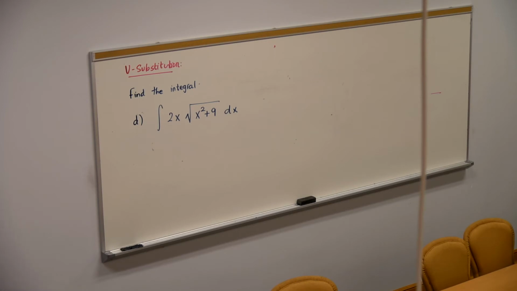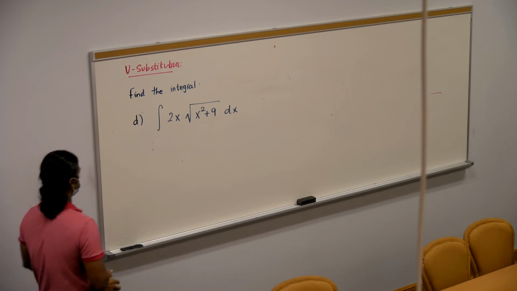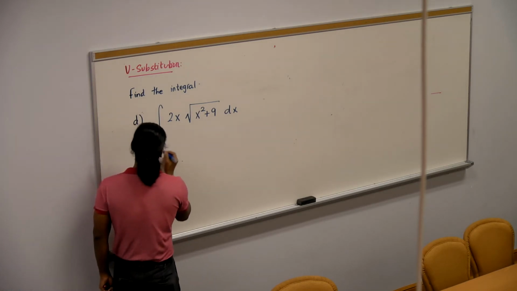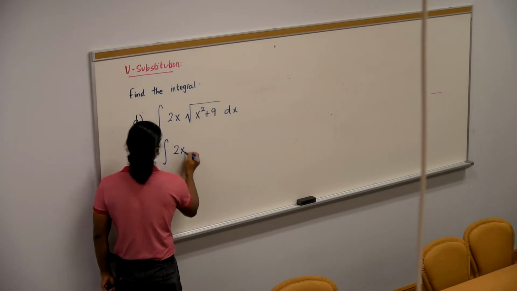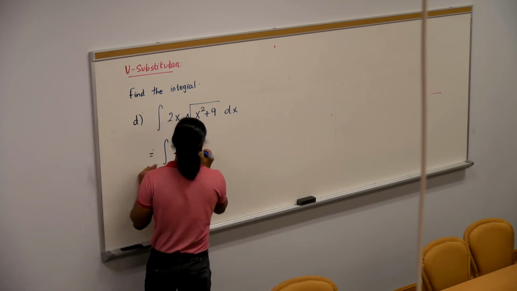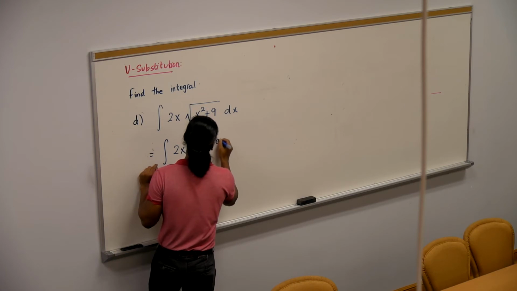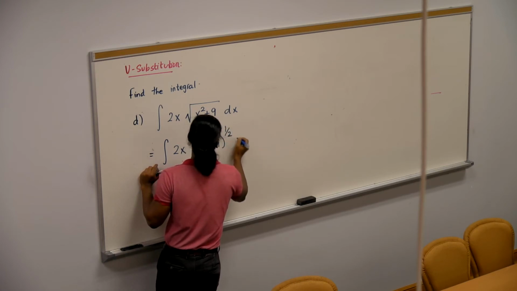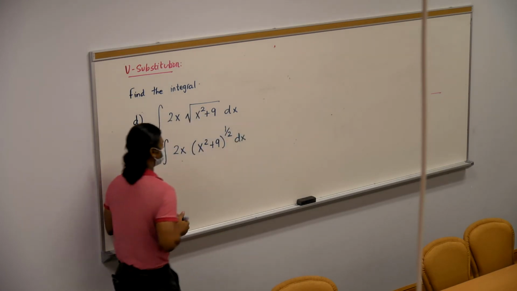We have a radical. If we have a radical, the first step that we do when it comes to integration is write it in terms of a power. So 2x multiplied by x squared plus 9 raised 1 over 2 dx.